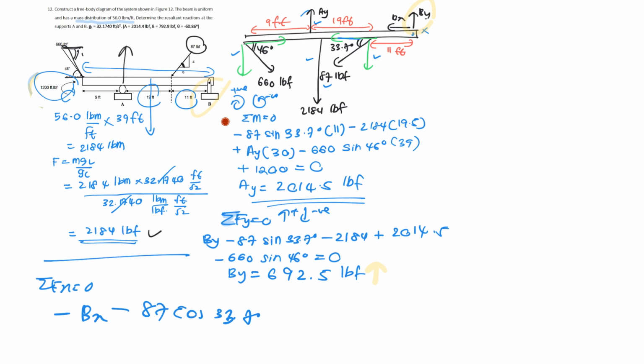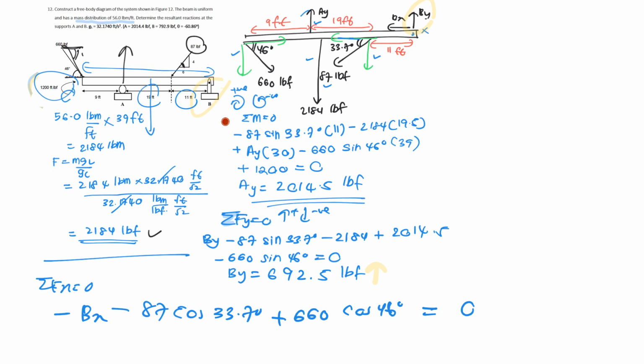AY doesn't have any S component. 2184 also doesn't have any S component. And the next one is cos 33.7 plus 60 to the right, cos 46. That's why I'm using positive, because it's to the right. So equivalent to what? Equivalent to 0.